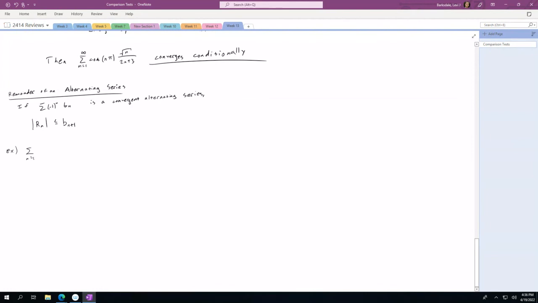If we have the sum from 1 to infinity of -1 to the n plus 1 times 1 over n to the 6, and we want to make our remainder after some number of terms smaller than 0.00005. Now the question we need to ask is how many terms are needed? How many terms are needed to make sure that our remainder is smaller than this number?